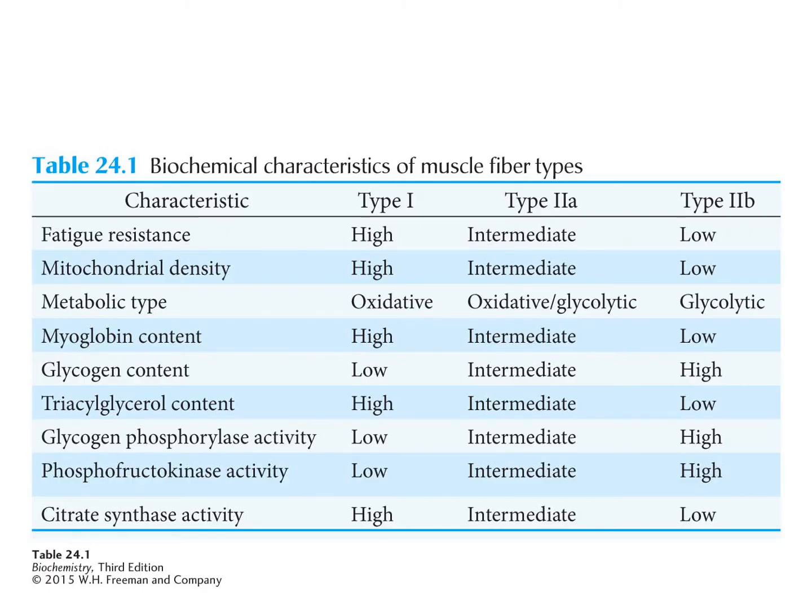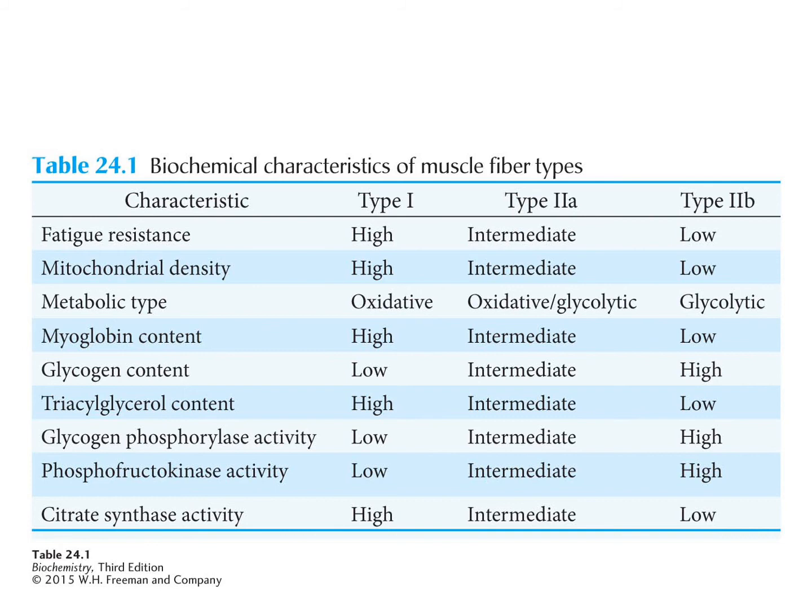This table shows the biochemical characteristics of muscle fiber types. We can see the type 1 column. The mitochondrial density is high, and it has high triacylglycerol content, while in type 2A, it's intermediate in almost every category.